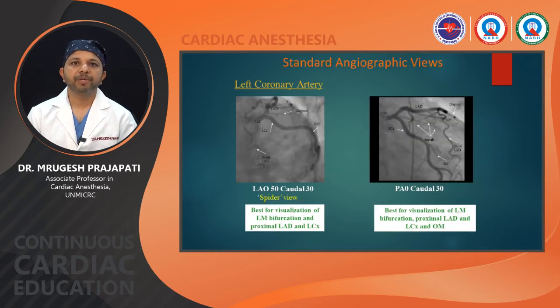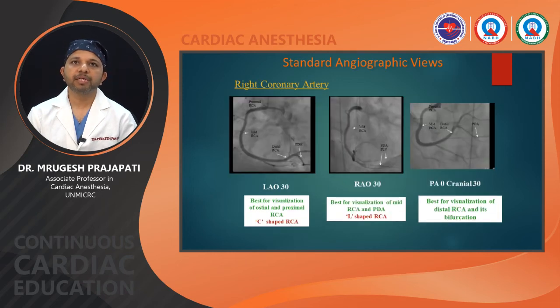The LAO 50 and caudal 30 is known as the spider view, which is for best visualization of the left main bifurcation, proximal LAD and the left circumflex artery. The PA 0 and caudal 30 is for best visualization of the left main bifurcation and the proximal LAD and circumflex and obtuse margin arteries.